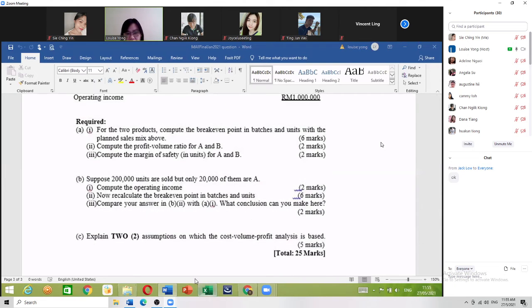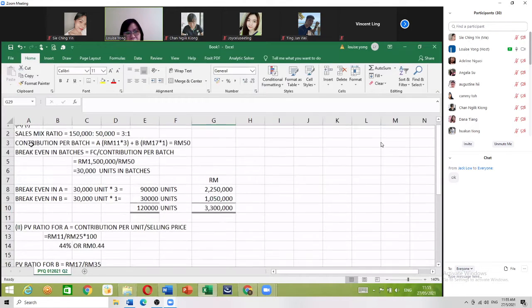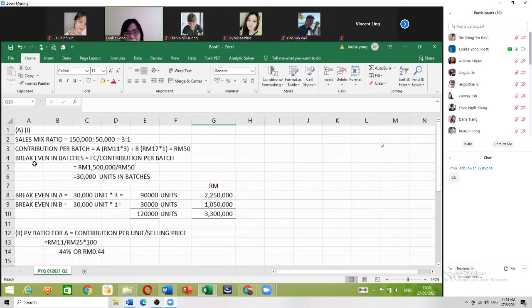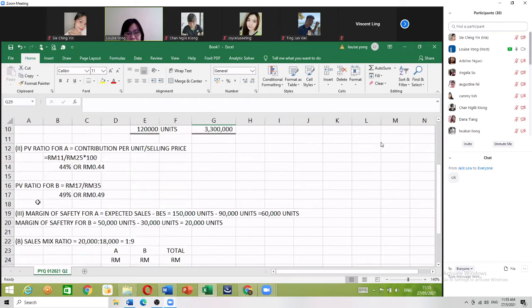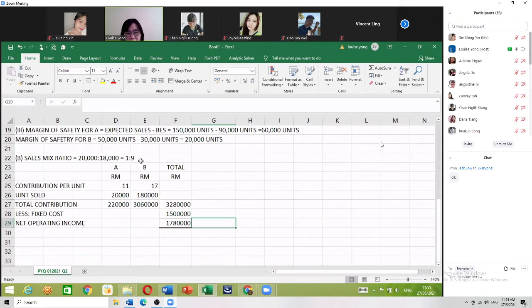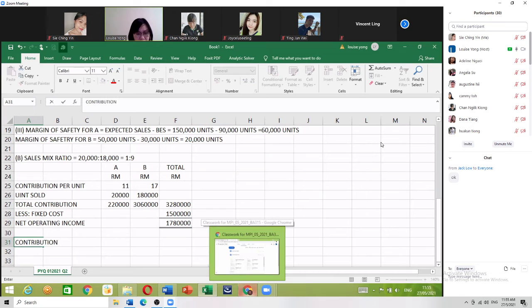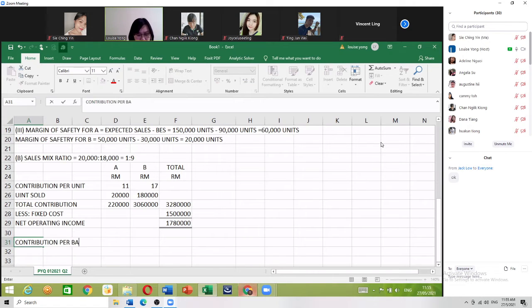OK, same approach. So it's the same as the earlier step 1 and step 2. OK, so the sales mix is 1:9, then after that calculate what is your contribution per batch.